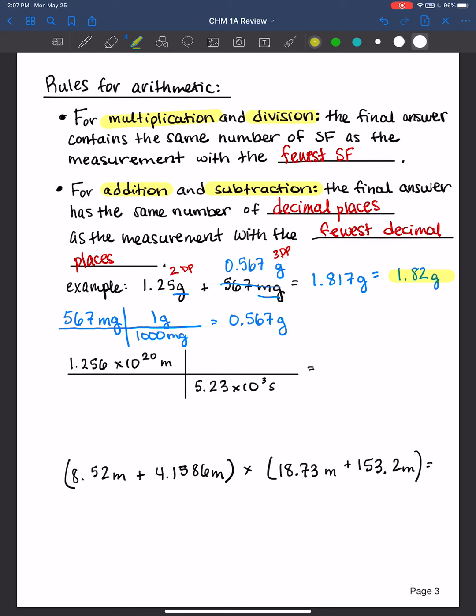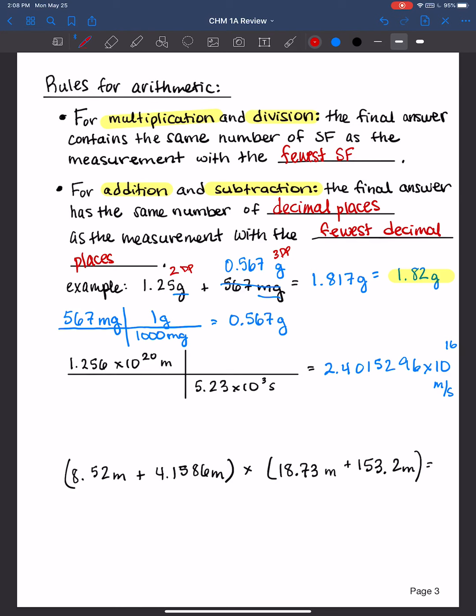All right, the next example, we have 1.256 times 10 to the 20th meters over 5.23 times 10 to the 3rd seconds. If you plug that into your calculator, you would get this huge number with all these digits, times 10 to the 16th, and your units would be in meters per second. Now this is division, and so we report our answer for division to the fewest significant figures.